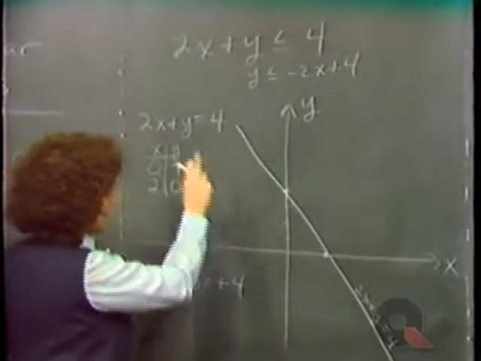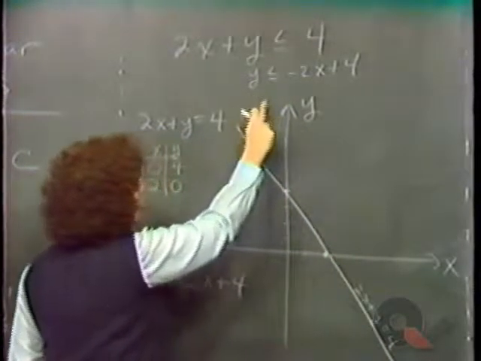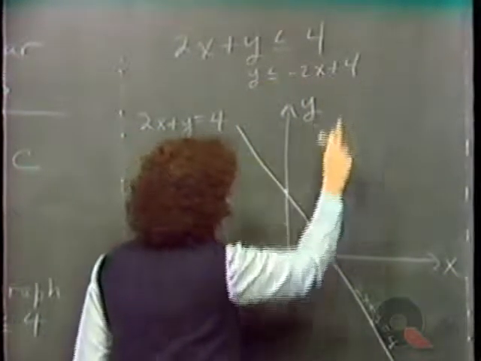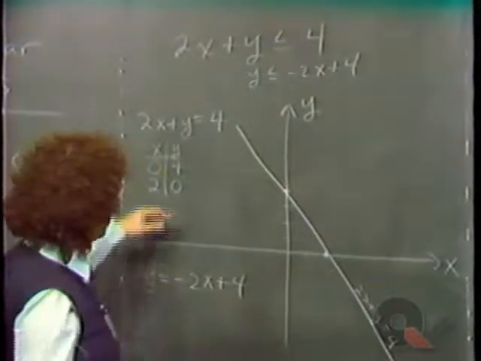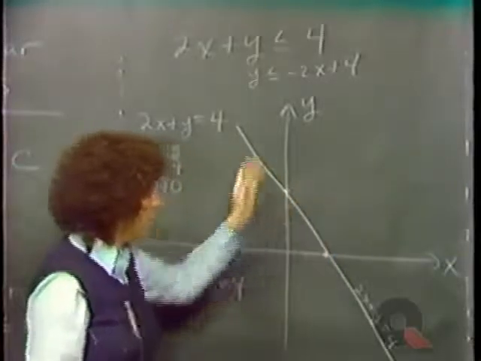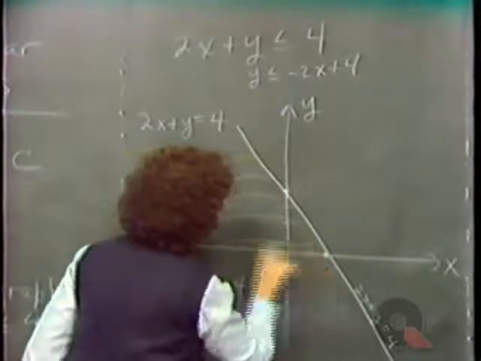For the y equals minus 2x plus 4 part, we have the actual line. Now the points such that y is less than minus 2x plus 4, the y value in that case would be less than the y value of the line, and the points would fall below this line in this region in here.